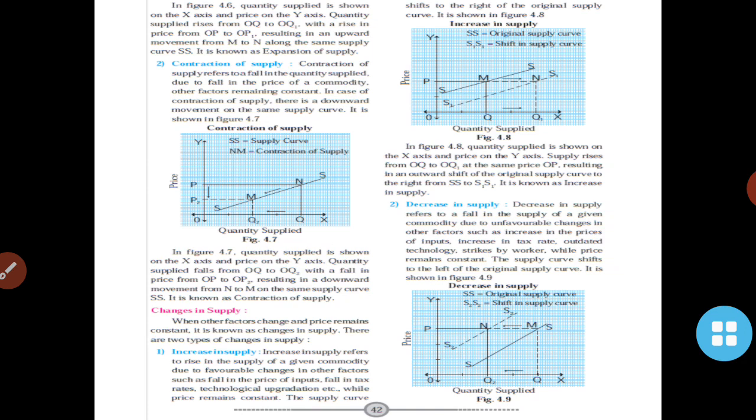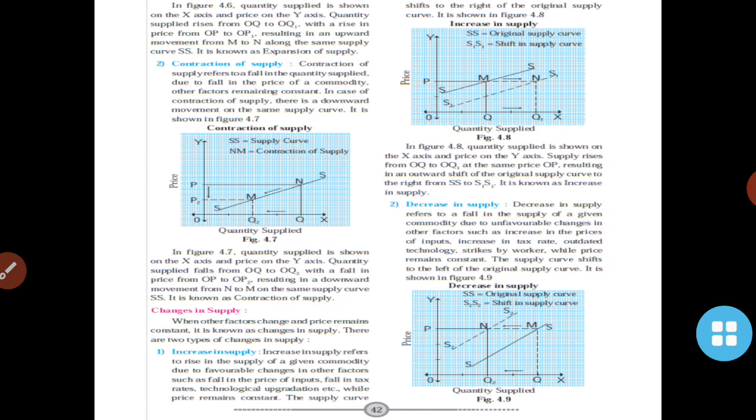But after some time they make some changes, and the price level also changes. If a company changes its machinery or anything, the price level also goes up and down. It is known as an increase or decrease in supply.